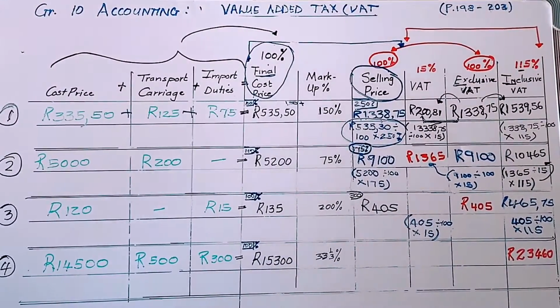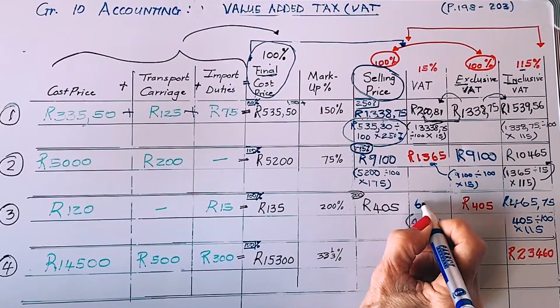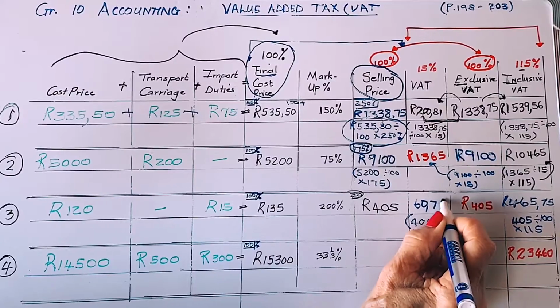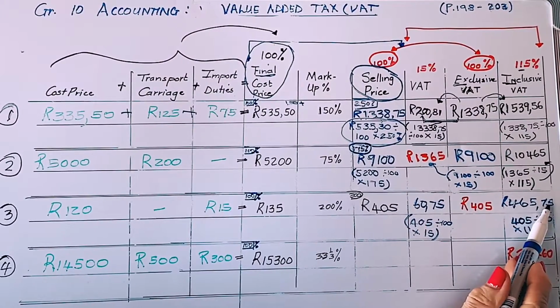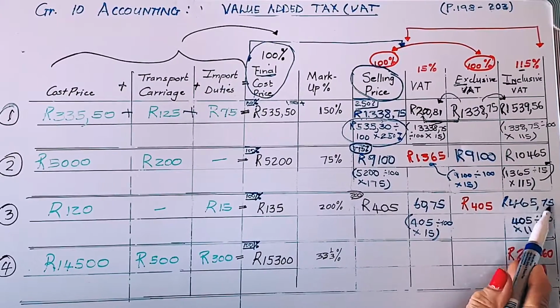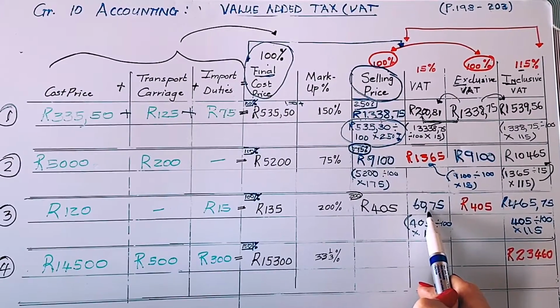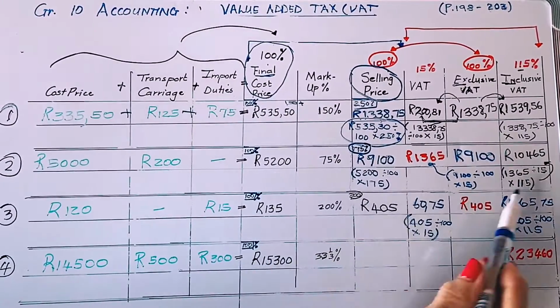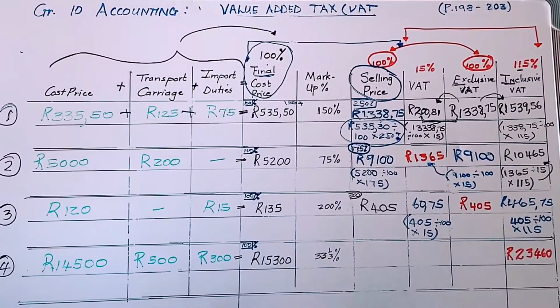If I do that, it gives me the 60 Rand 75 cents that I can immediately see there. If I take 465 and I minus that, that is what's left. But there are so many different ways of doing these calculations.